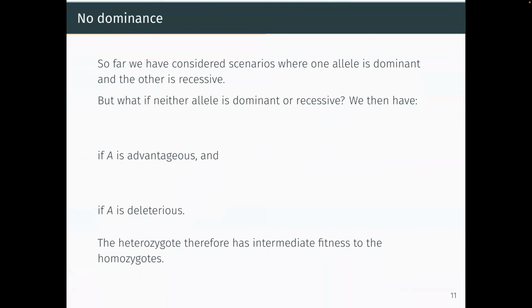Okay, so what this means in terms of the fitness of our different genotypes, if big A allele is advantageous, then the homozygous individual here is going to have the highest fitness. Our heterozygous individual only has one copy of that allele, so it's going to have intermediate fitness.